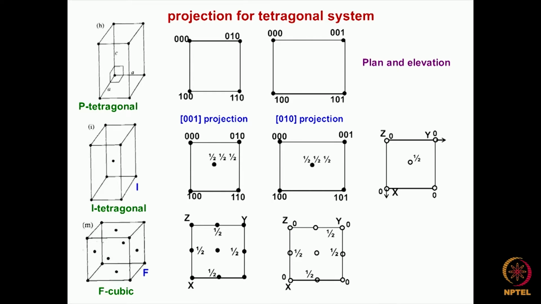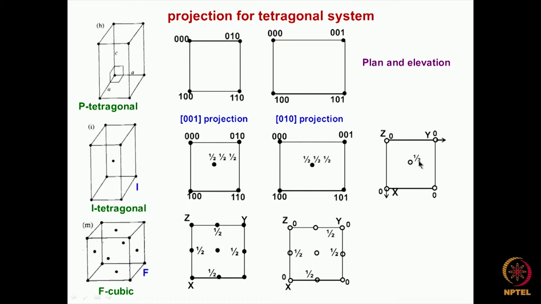Like you take this case of a body centered tetragonal lattice. In this one, this is at a position which is half, half, half. So I can represent this by a square. Okay, that is what is being done. I have just marked the axis also. And this 0 means that it is at the 0th layer or 0 position. Then the position at the middle is put here and marked half.